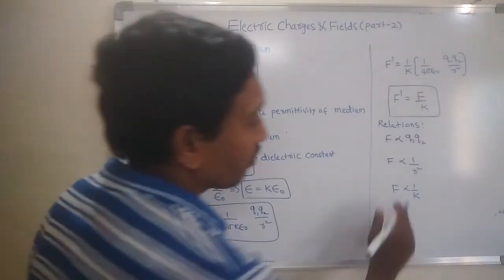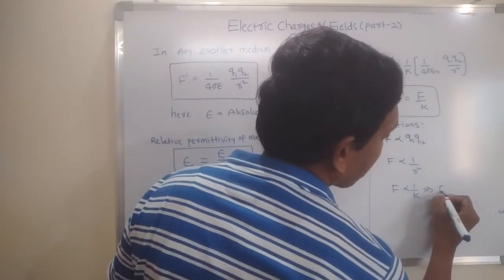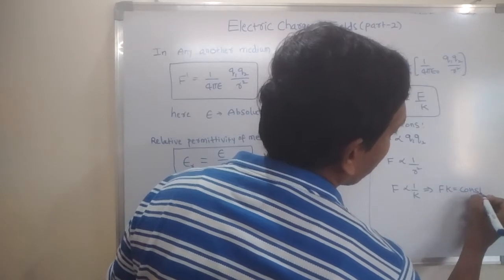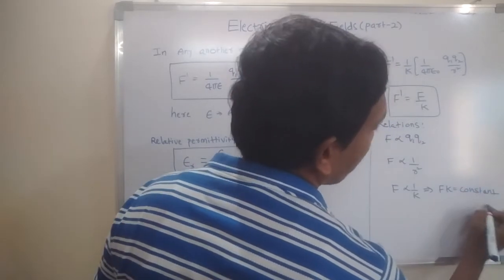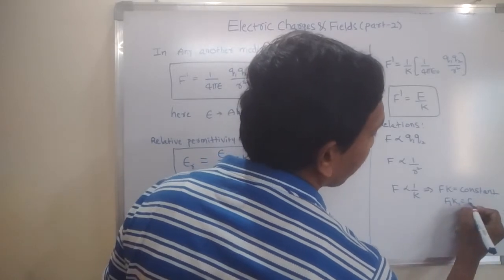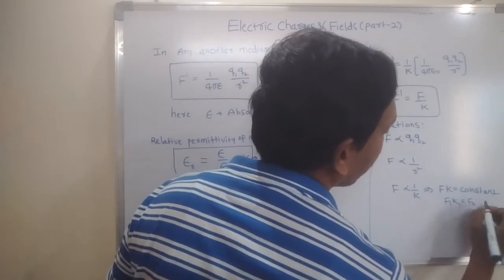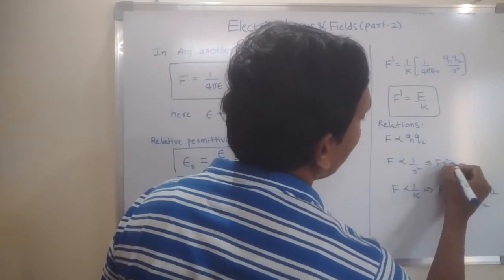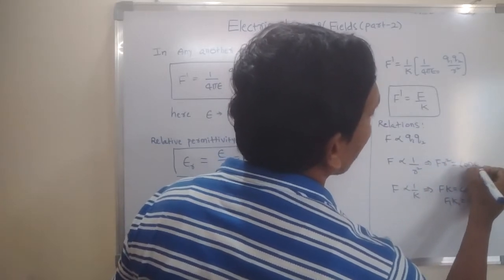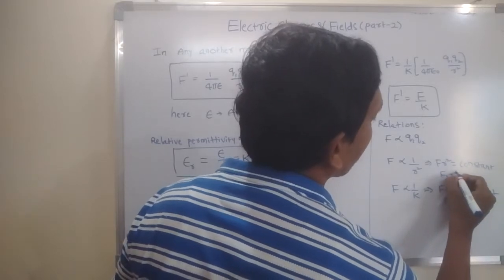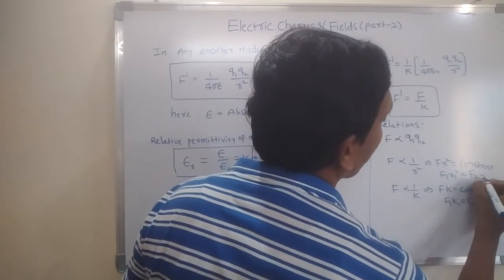If they are inversely proportional, what is the expression here? Fk is equal to constant, which means F1 K1 is equal to F2 K2 is the formula. Here also they are inversely proportional, so F R square is equal to constant, that is F1 R1 square is equal to F2 R2 square is the formula.